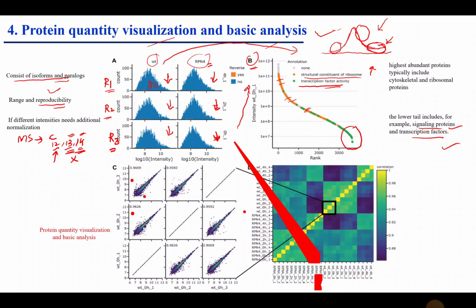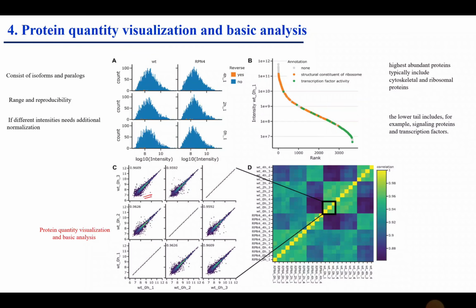If we are comparing two conditions, like here we are comparing the wild type and mutant type, and in our example the mutant type is RPN4. Now it is time to compare the correlation of 3R with 1R. Similarly we have now 2R with 2R, and similarly 2R with 3R.